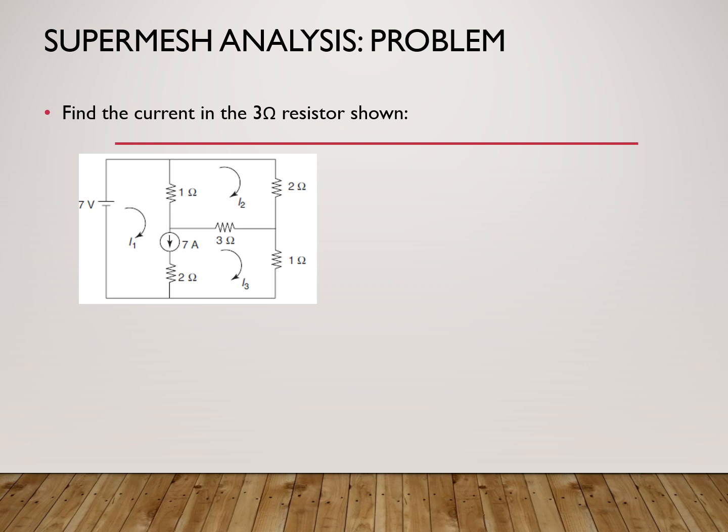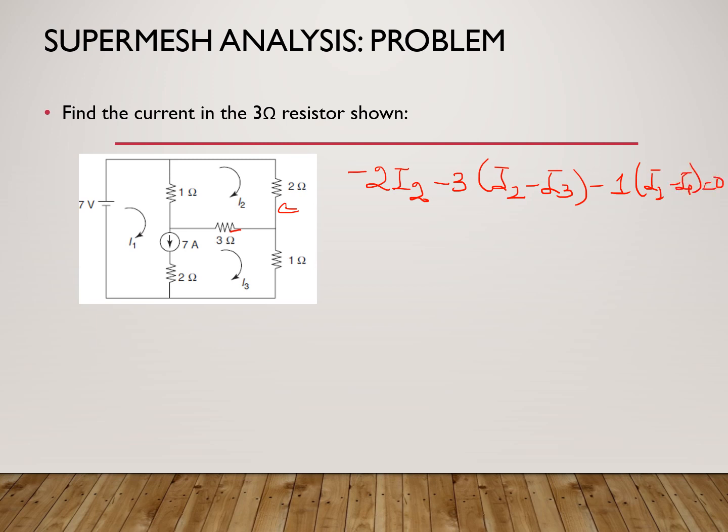So the third equation is going to be normal mesh analysis for mesh 2, which is going to be equal to: minus 2 I2, since this 2 ohm has I2 flowing through it. This 3 ohm has I2 and I3 flowing through it, so following the direction of I2, I2 minus I3, minus 1 into (I2 minus I1), is equal to 0.